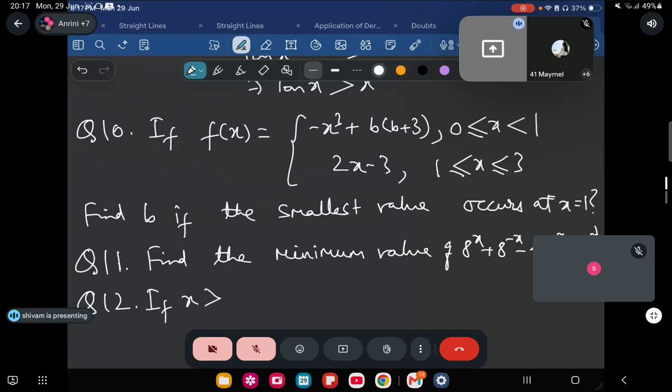If x is greater than 0, f of x equal to 5x cubed plus a by x to the power 5, where a is greater than 0 is a constant.